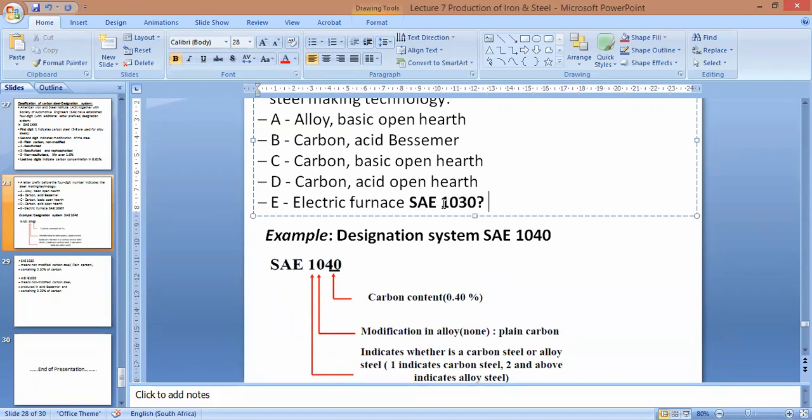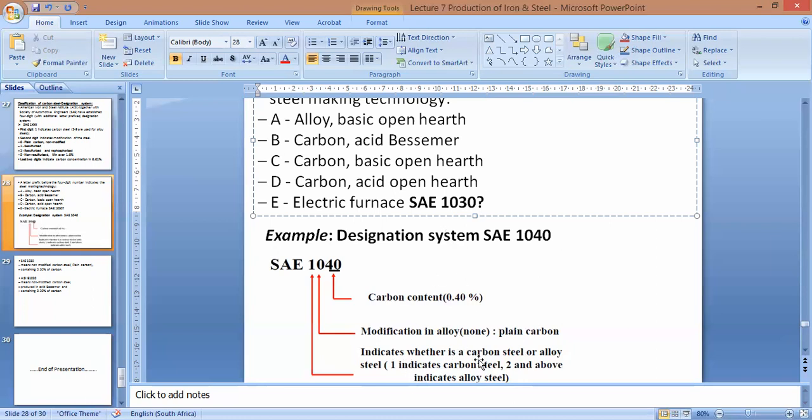So the 1, what does the 1 mean? Look at this example. It indicates carbon steel, while 2 and above indicates alloy steel.